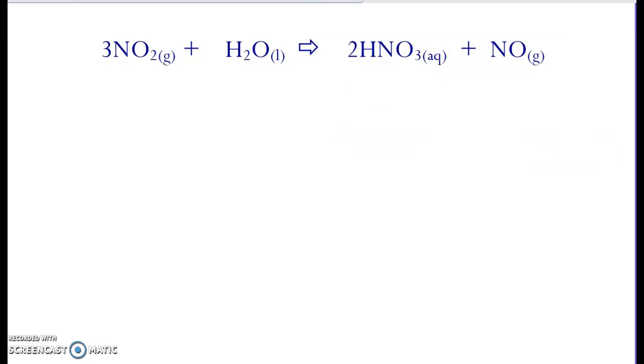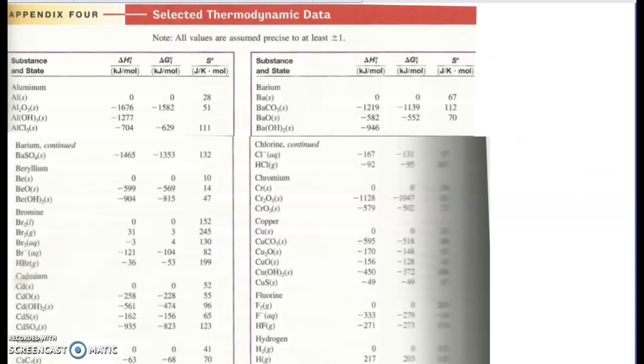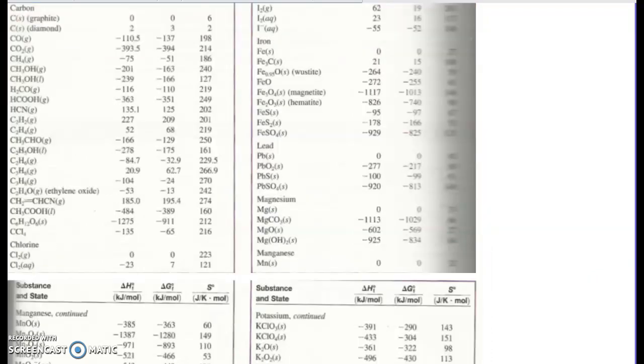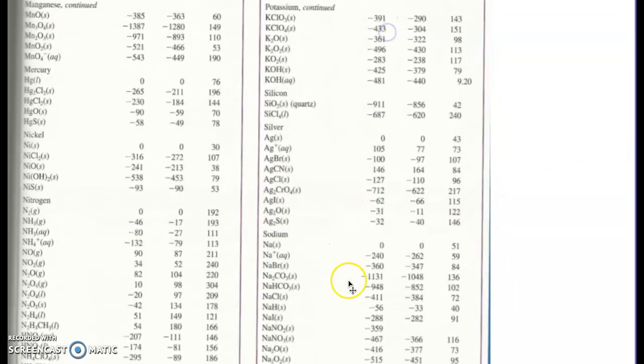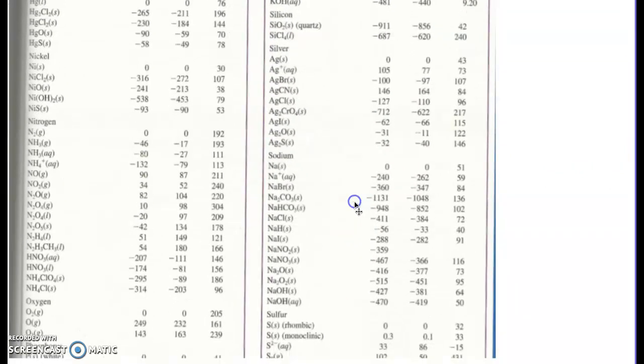You can look up first nitrogen dioxide. Notice there's 3 moles, so this example has different moles in it. It's in alphabetical order here, so go to the nitrogen portion.